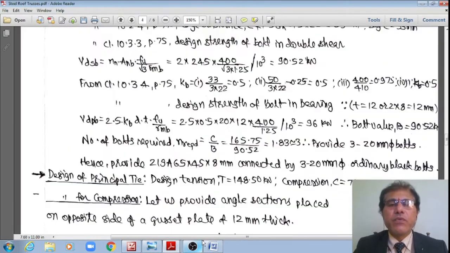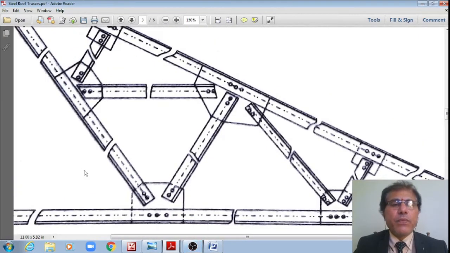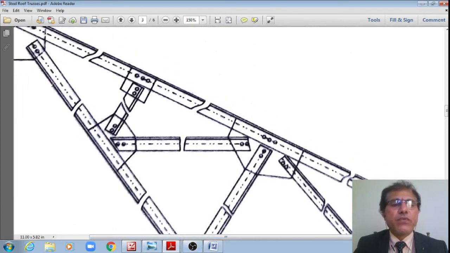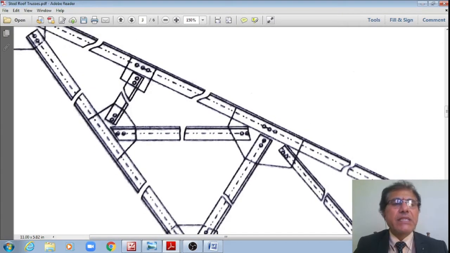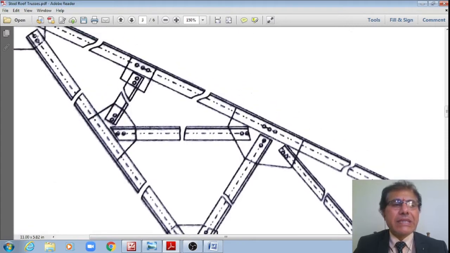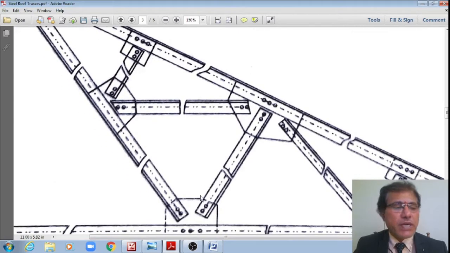This is 2.48, this is 2.48, as well as this is 2.48 about the major axis, whereas about the minor axis, it buckles from these bolted connections to these bolted connections, as one member only.